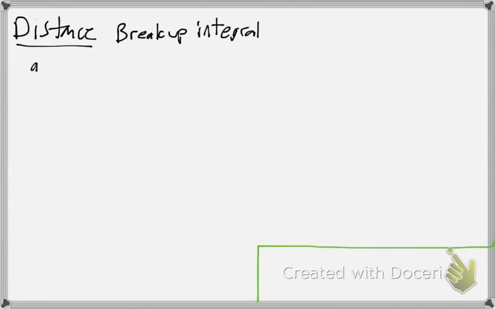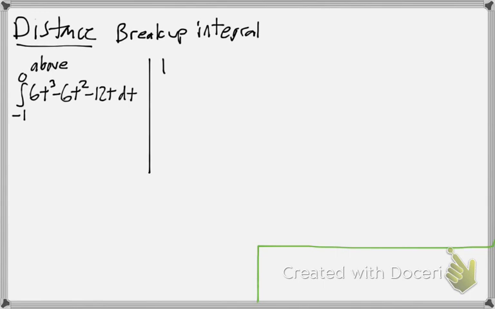So the above is from negative 1 to 0, and it's my function. And then below, same function, just from 0 to 2. Okay, so then I want to evaluate these. And we've already evaluated the integral, so we know what it is.